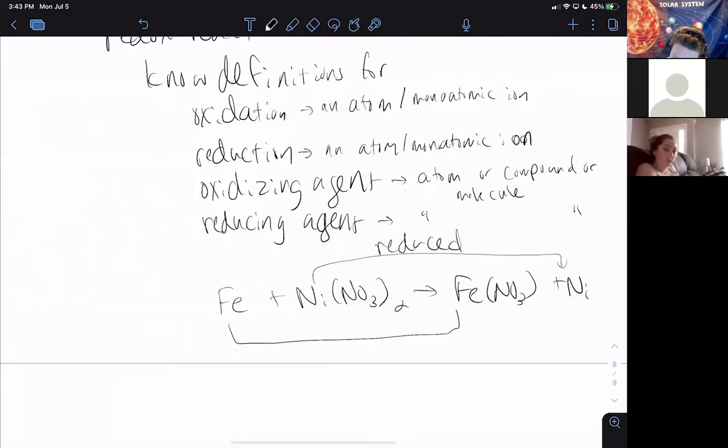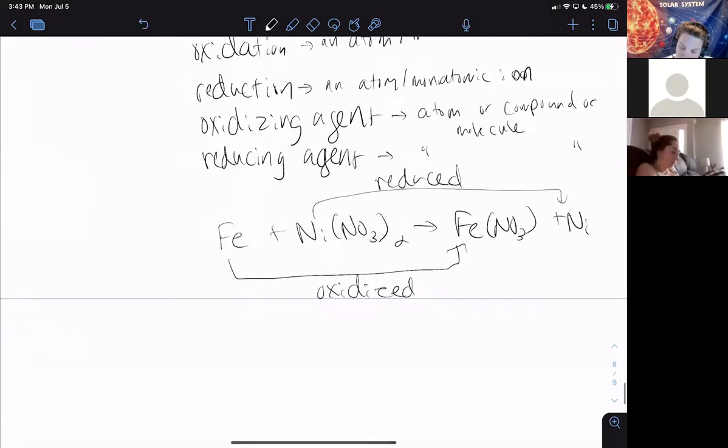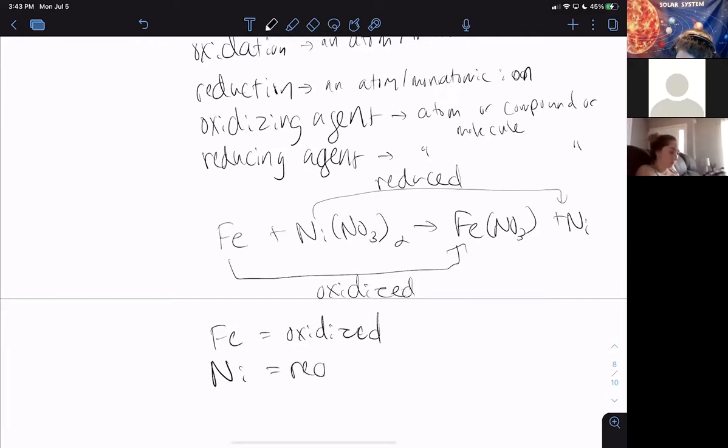The iron is being oxidized. So Fe oxidized, Ni reduced.